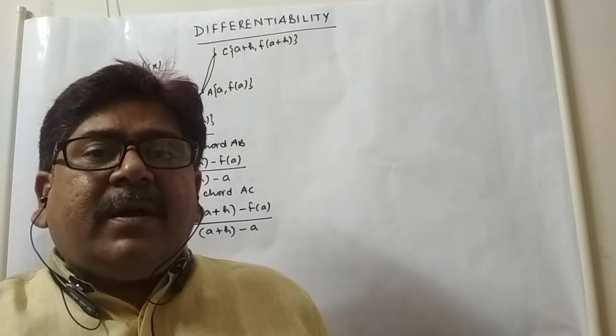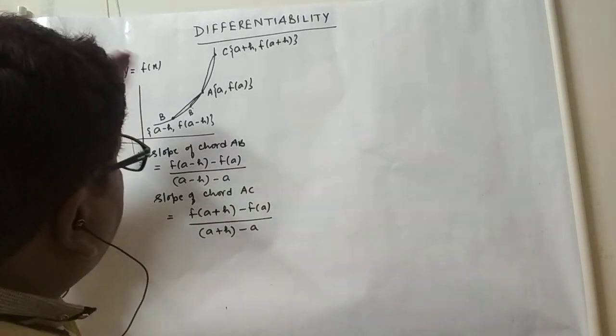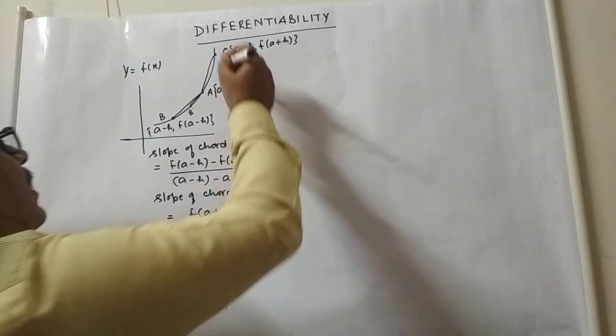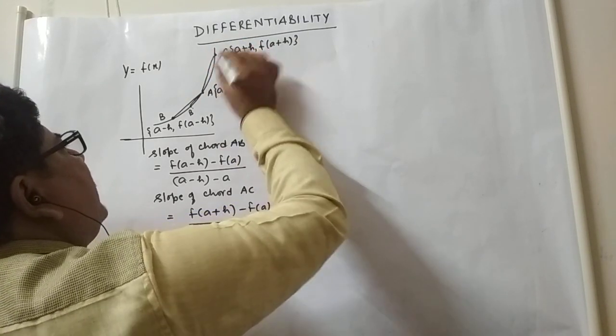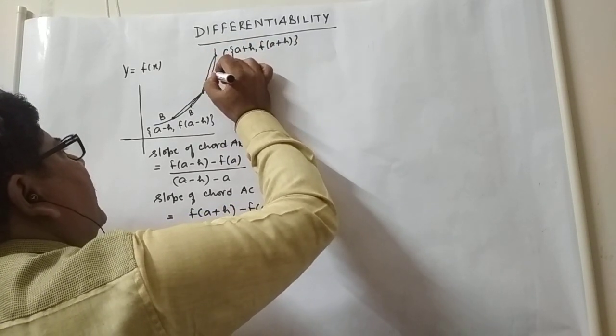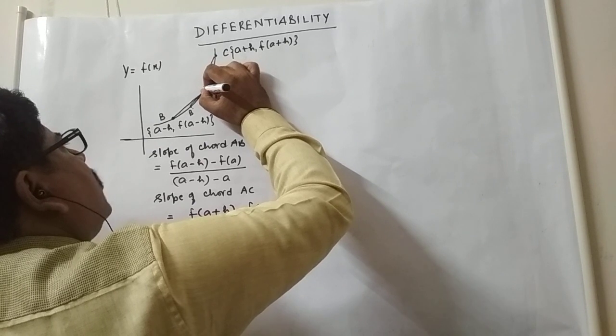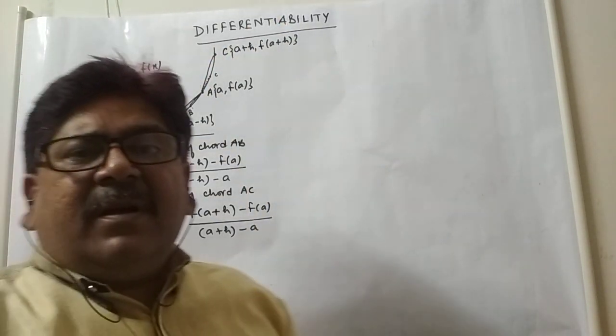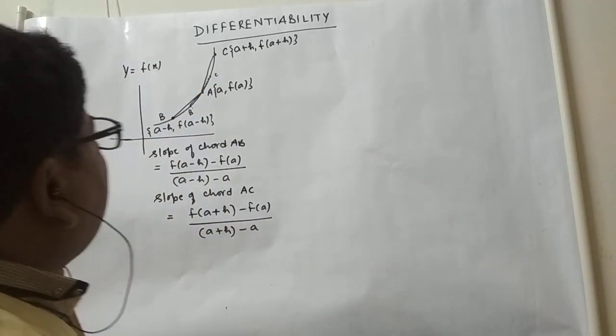Now this chord becomes much closer to the curve. Similarly, shift the point C also towards A and then join A and C. Again this chord AC will come closer to the curve.